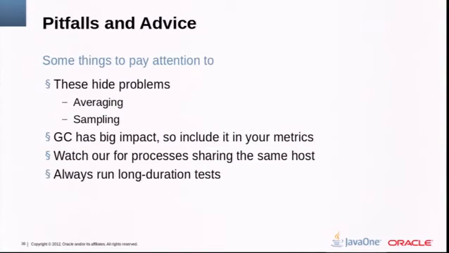GC has a big impact. Eight hours with no GC activity, then it hits a big spike. That has a big impact on your overall system behavior, especially in a distributed computing environment. And if you have not done so already, I would highly recommend that if you have an application which is latency sensitive, take a look at Java 7, release 40.